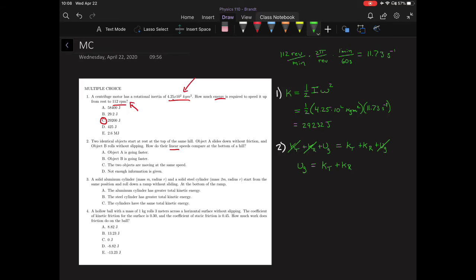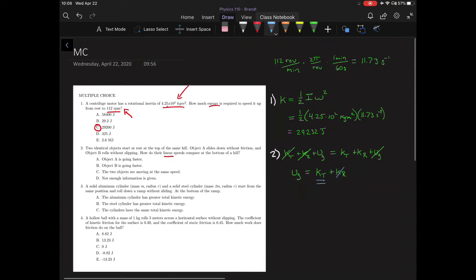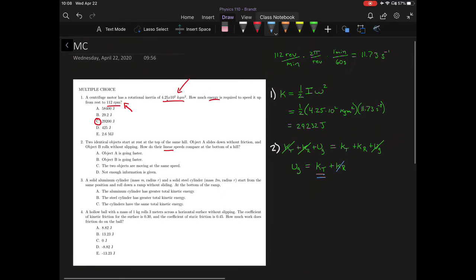However, we said object A slides down without friction. So for A, we have no rotational motion. So all of our energy has to be translational energy. However, for B, we just have gravitational up front, but we do have this translational energy because it is moving forward, but it's also rotating.